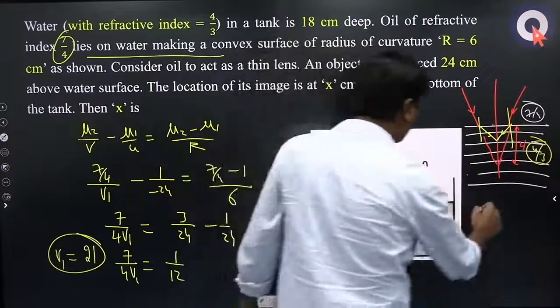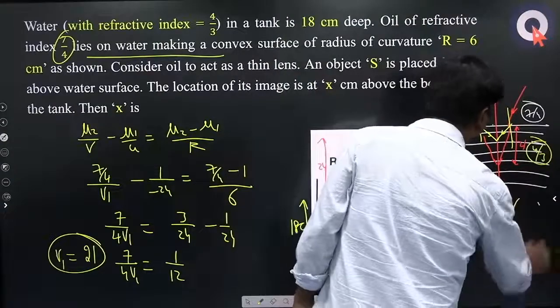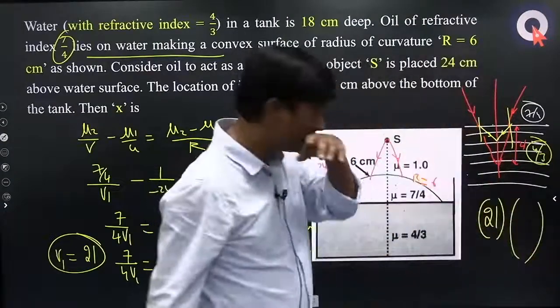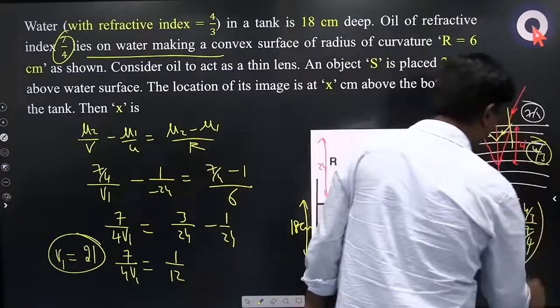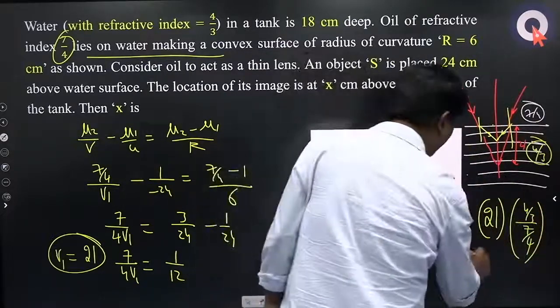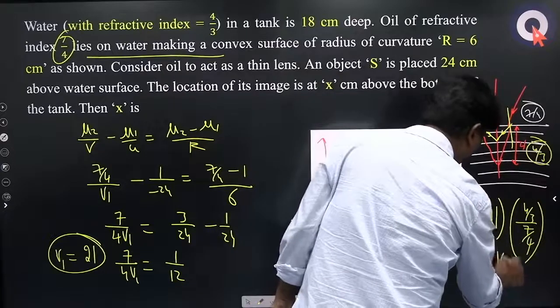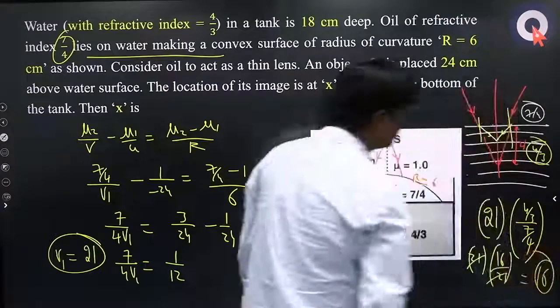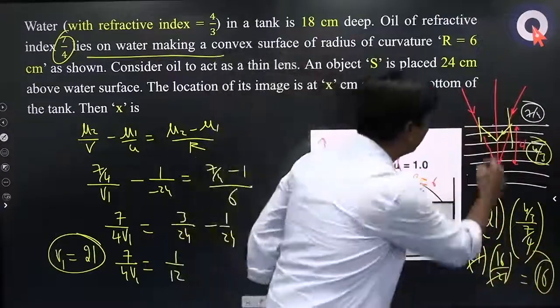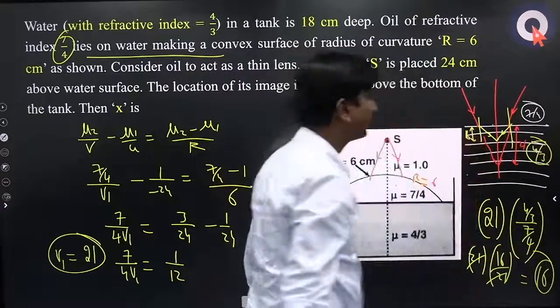So how do you find it? 21 into the ratio, you will be getting the lesser value. So you take 4 by 3 by 7 by 4, right? So 21 into 16 by 21. So 21 cancels, answer is 16. So from here it's actually 16, right?